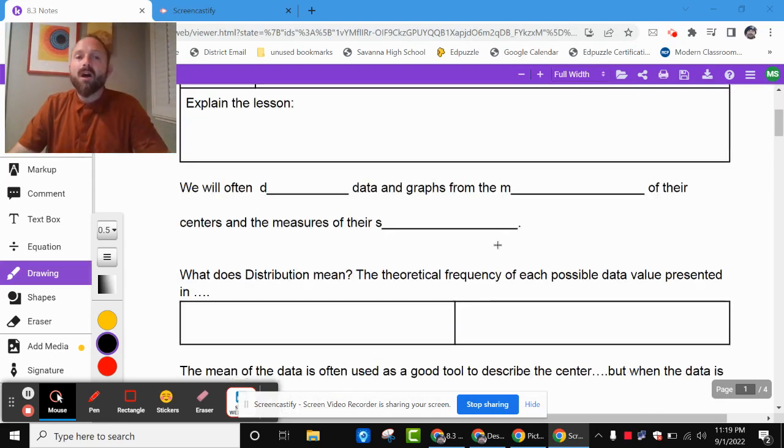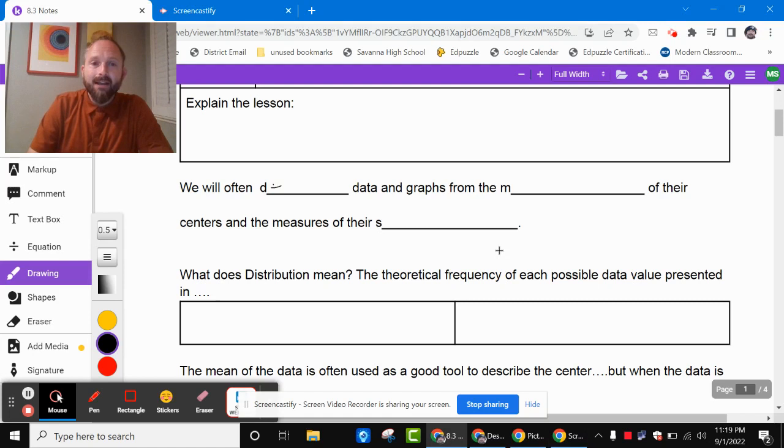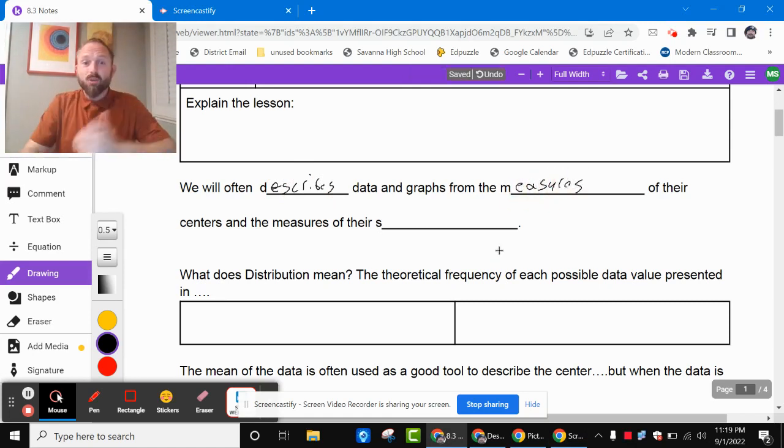So, we'll often describe data and graphs from the measures of their centers or the measures of their spread. That basically means, where is most of the data and how far away from that center is it?